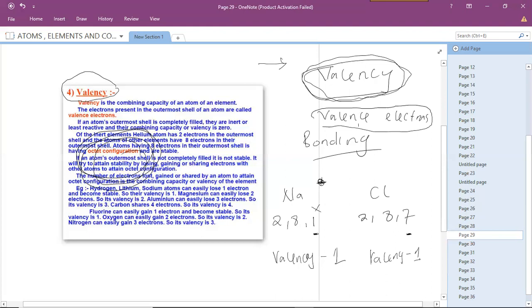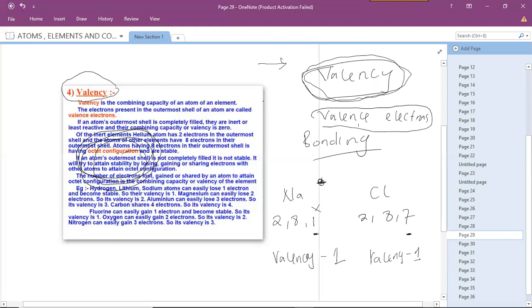The only elements that have 2 electrons in their outermost shell are your noble gases, those that are perfectly electronically neutral, like helium. If you look at the last group on the periodic table, you're going to see noble gases, and only helium has 2 electrons in its outermost shell. But the standard is 8 electrons.